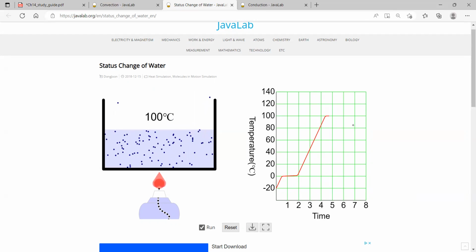You are still adding heat to the system, but there is no change in temperature, and that's because at 0°C and at 100°C the phase change is happening.